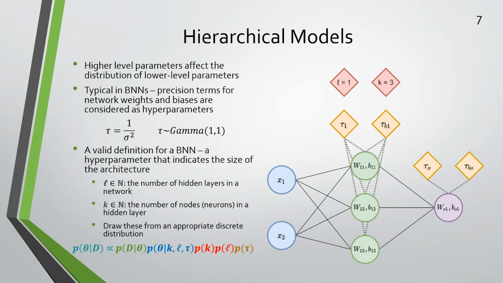So this results in a slightly more involved posterior distribution, because our prior over the network weights and biases represented by theta is now conditional on these architecture parameters. And so we need to involve their prior distributions as well, the prior over the network width and the network depth.